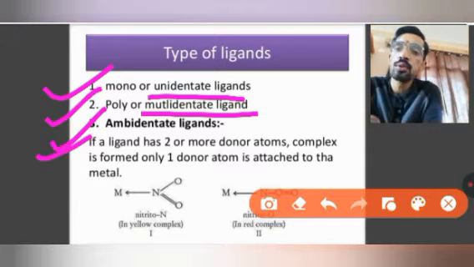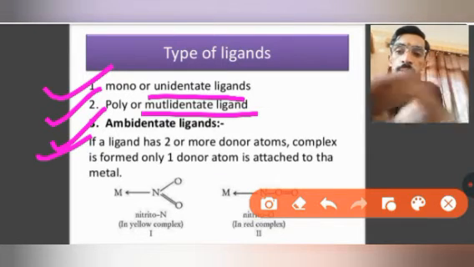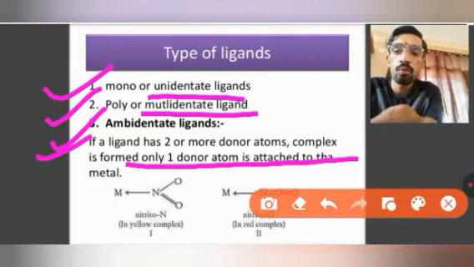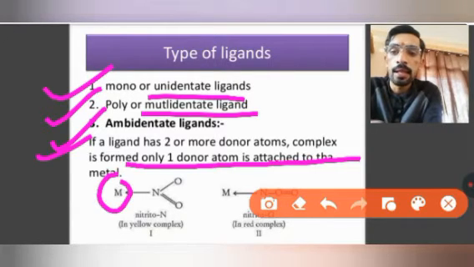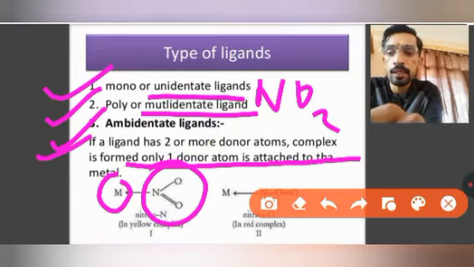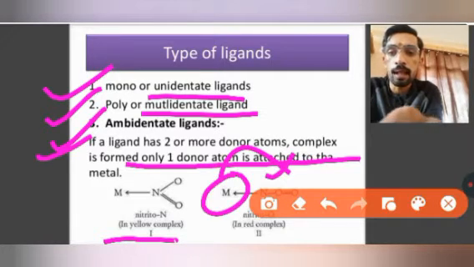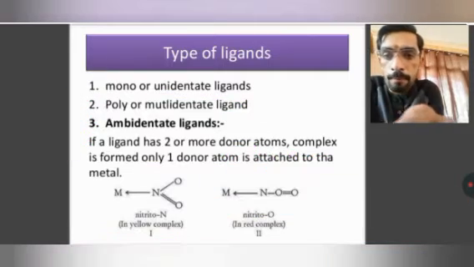If a ligand has two or more donor atoms, the complex is formed with only one donor atom attached to the metal. For example, this is the metal and nitro, NO2, written with N double bond O, which is a yellow complex, the nitro N. Whereas if the metal is attached the other way, let us see carefully what the difference is.